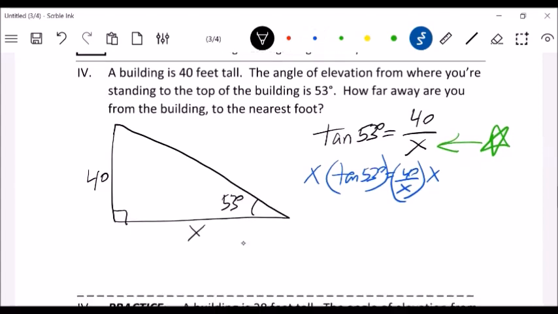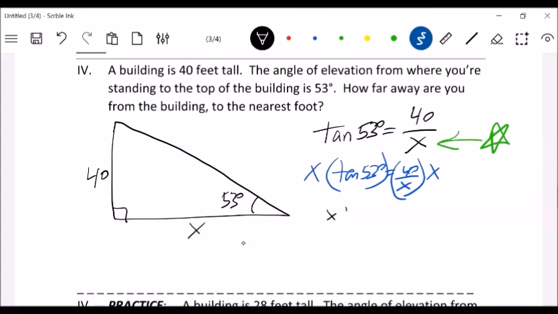And what that does is give us that x times the tangent of 53 degrees is equal to 40, but we don't have x by itself, so we have to do another step. For that step, notice that I'm going to divide by the entire tangent of 53 degrees.